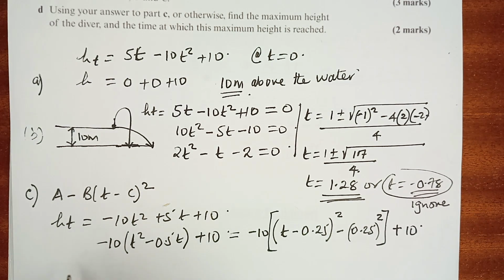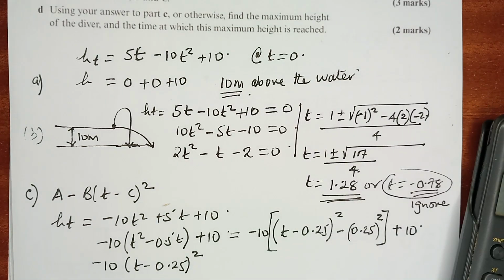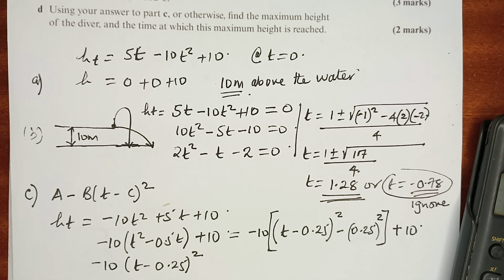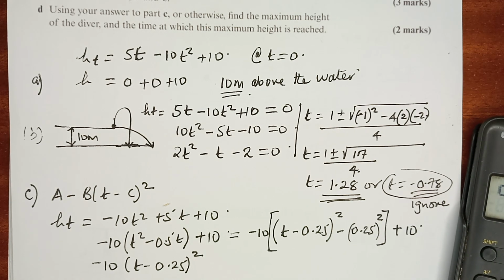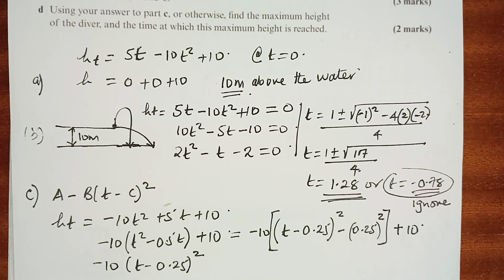Opening the bracket, you have negative 10 (t minus 0.25, close bracket, squared, minus what is 0.25 squared?) 0.25 squared is 0.0625.